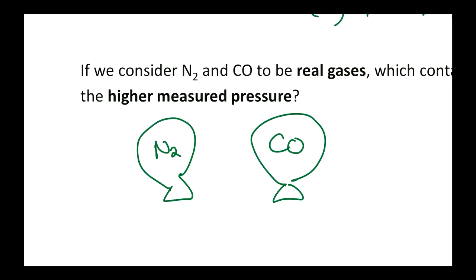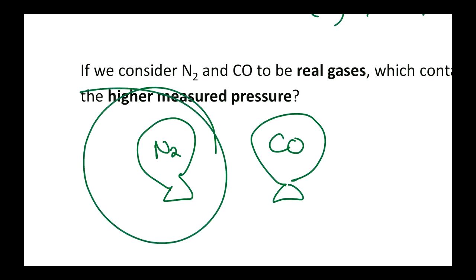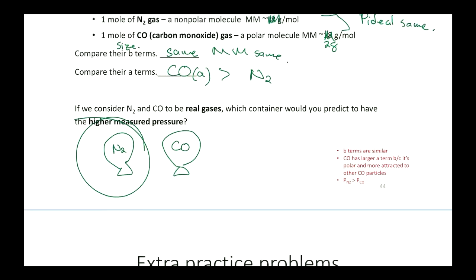If the particles are attracted to one another, they're going to collide less with the walls of the container. So the pressure in CO is going to be lower. So therefore, which one is going to have the higher pressure? CO or N2? N2, yeah, so N2 is going to have the higher pressure in this case, if we consider them to be real gases, yeah.